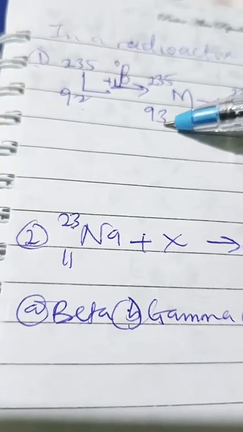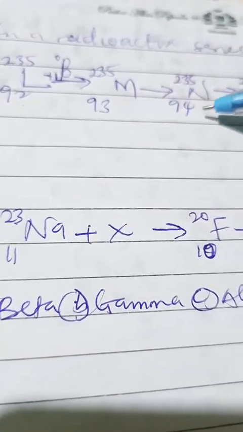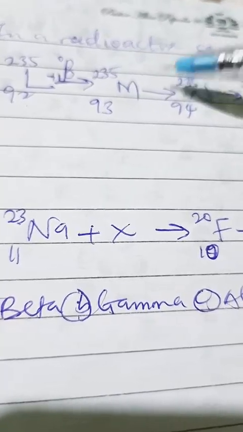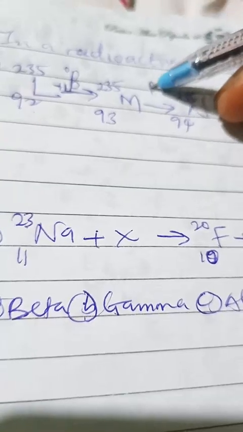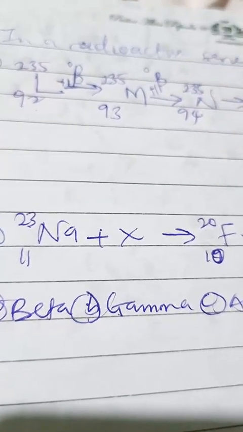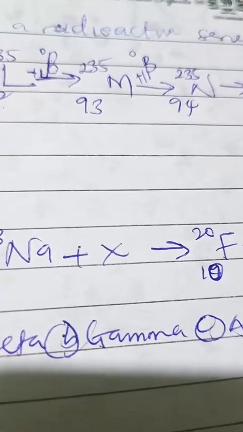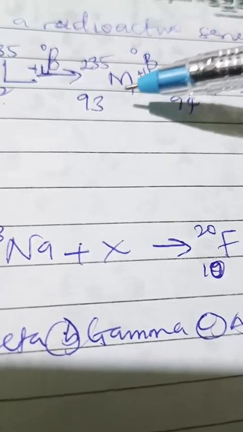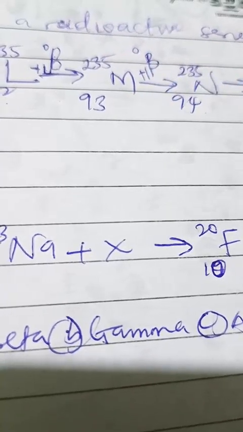So what will I add to this 93 that will give me 94? It is plus 1. What will I add to 235 that will give me 235? 0. So this is still another beta particle. Plus 1, 0. Are you seeing it? So 0 plus 235 is 235. Plus 1 plus 93, 94.